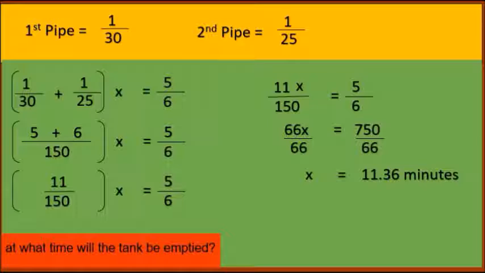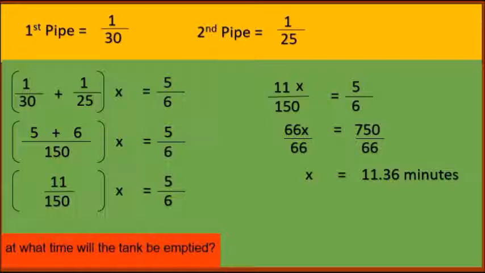Anong gagawin natin para makuha natin yung value ng x? Cross multiply. 6 times 11 is 66x. 150 times 5 is 750.